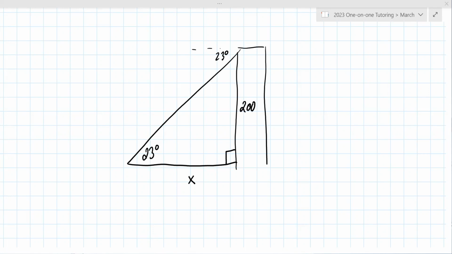Yes, I agree. So would it be 471.2? Yes.